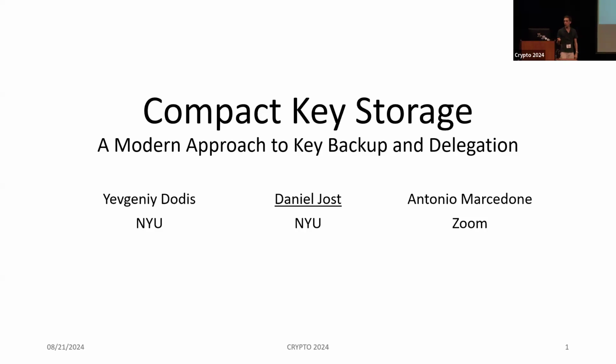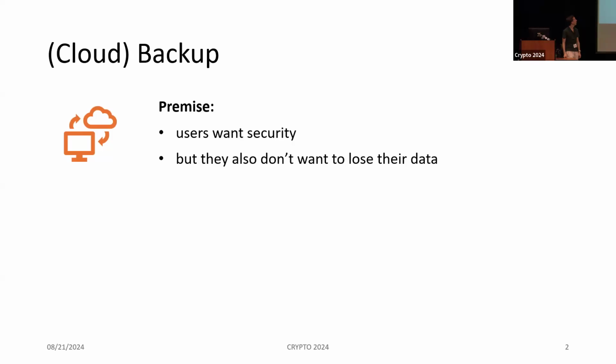So the setting of this talk is cloud backup, and the premise is all those nice, really secure apps like Signal, MLS, Zoom, a lot of end-to-end secure apps. But at the end of the day, users unfortunately don't just want security. Somehow it seems that they can also get quite angry if they lose their data.